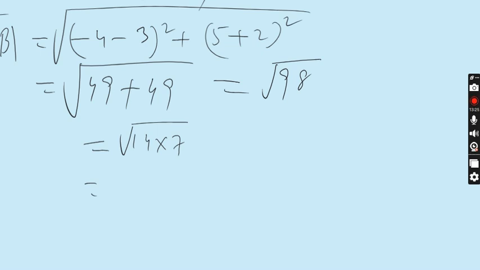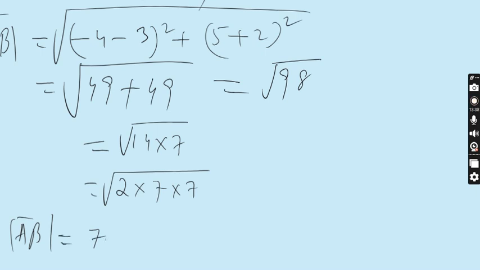And 98 can be written as 2 into 7 into 7. So the length of AB is 7 root 2.